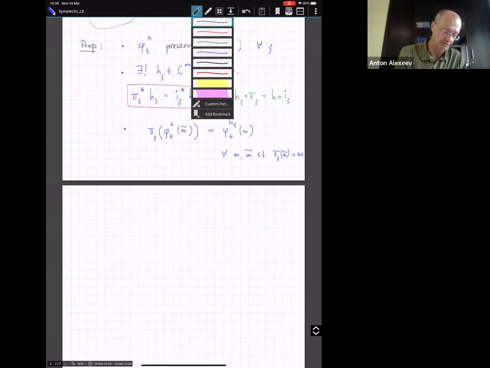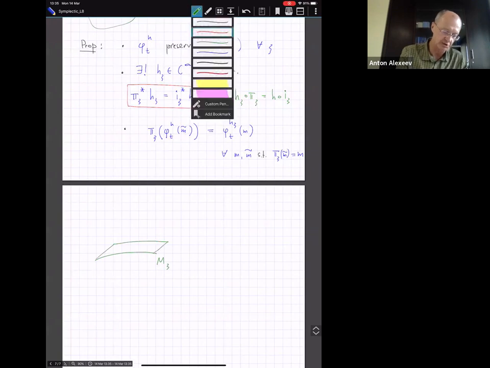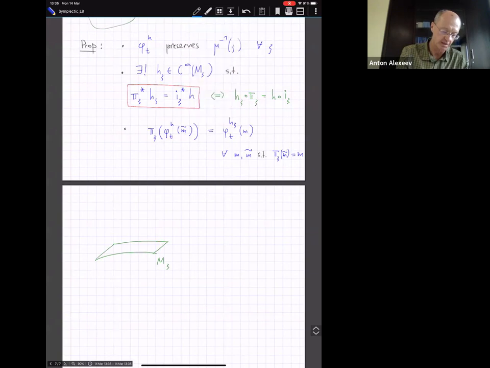So here maybe again what happens, right? So you have here M_psi. Maybe let me draw it two-dimensional, or try to draw it two-dimensional. And here upstairs, there is mu minus 1 of xi.